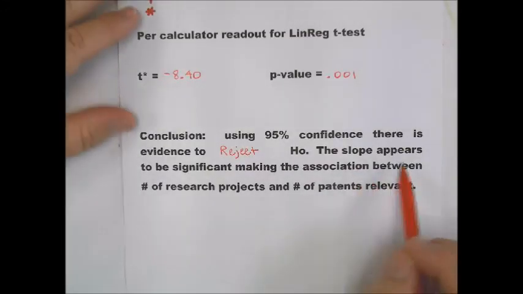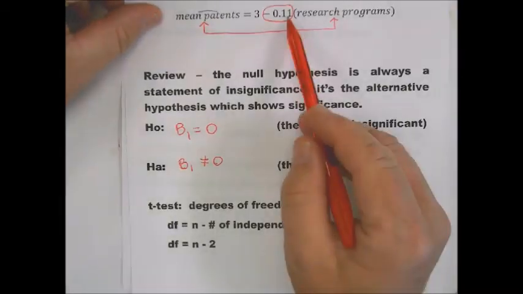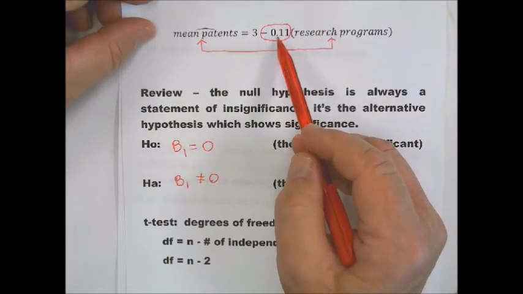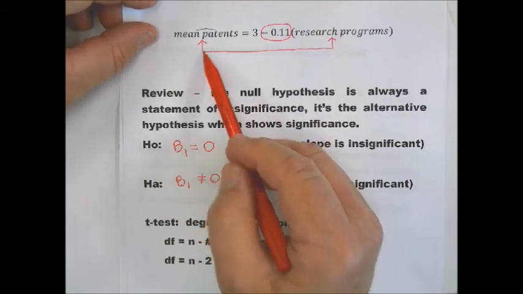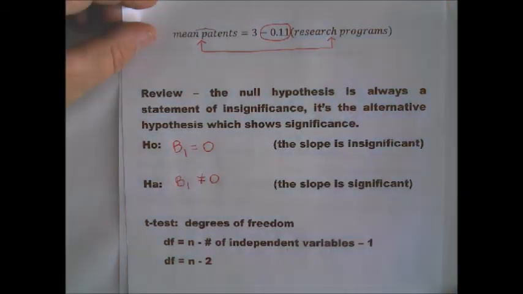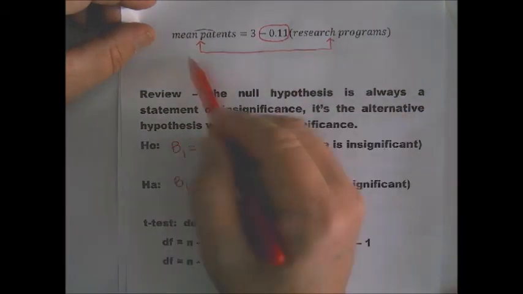So the slope appears to be significant, making the association between the number of research projects and the number of patents a relevant relationship. So since we showed that number to be a significant number, then the relationship among those two variables is a relevant relationship.